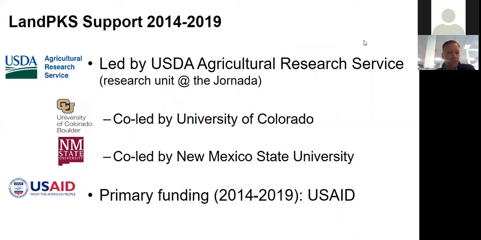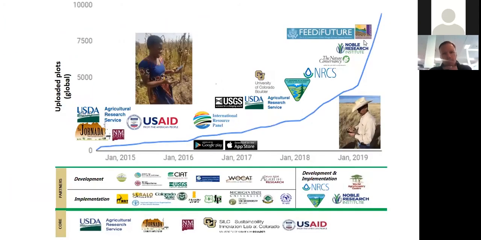And of course, that gives us opportunity to work directly with Colorado State University, Keith Paustian's group up there, just up the road, and a really nice community here in the Front Range. New Mexico State University has been a solid supporter all along. The Jornada is based on the NMSU campus, and of course, primary funding provided by USAID.